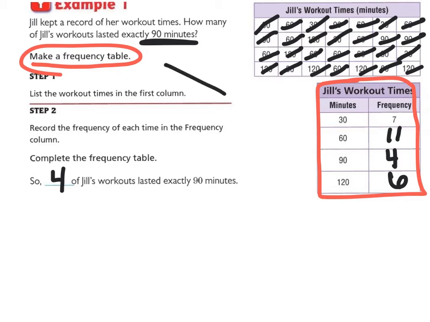And what they really wanted us to do was this frequency table, and that's how we did it here. We figured out the different times and then counted how many times each occurred. It's kind of like a dot plot.